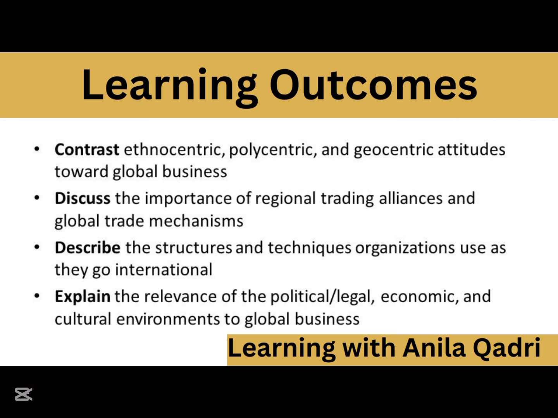We will discuss the importance of regional trading alliances and global trade mechanisms. The third question will be to describe the structures and techniques organizations use as they go international. And the last question will be to explain the relevance of the political, legal, economic, and cultural environments to global business.